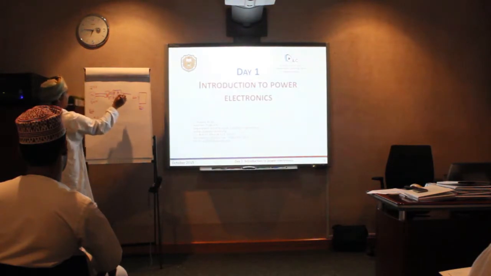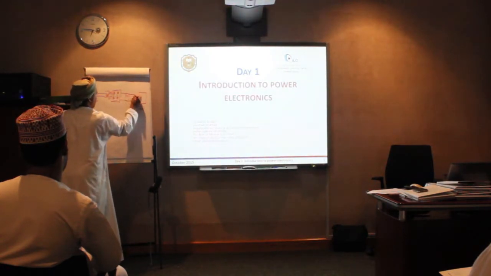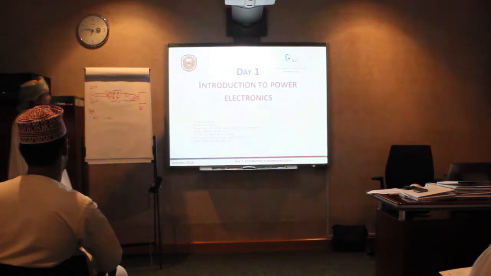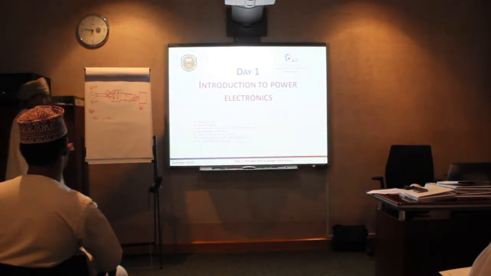Here there is something like a filter and regulation added to keep the voltage at 20 volt, which should be supplied to this circuit. So this is one example of power electronics.